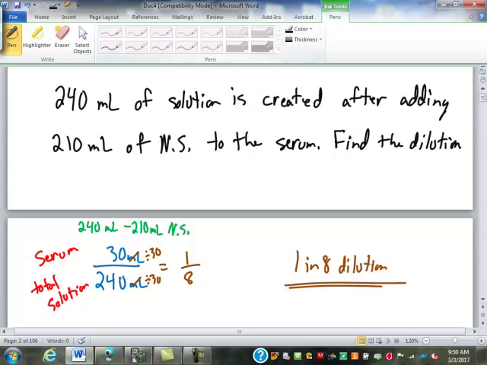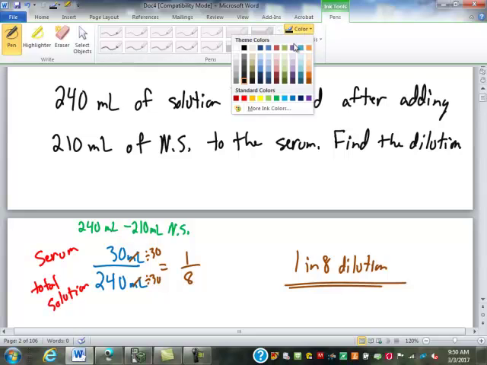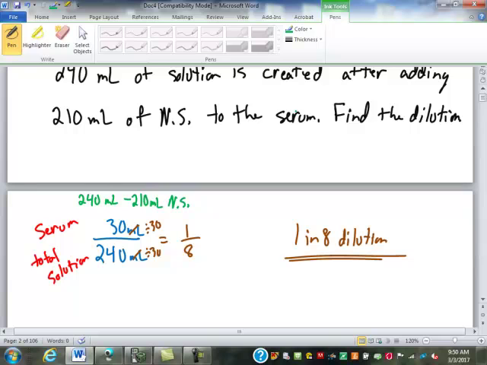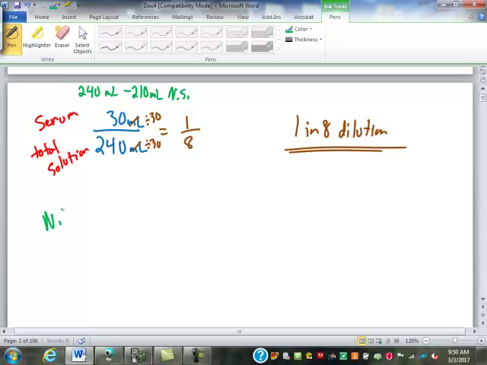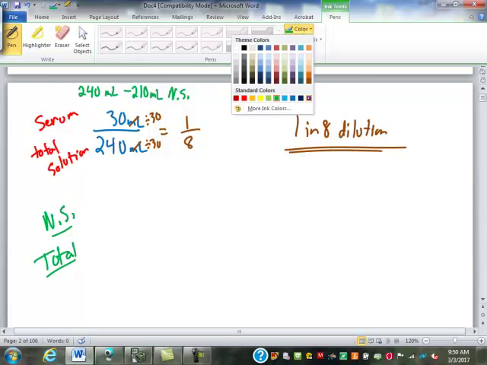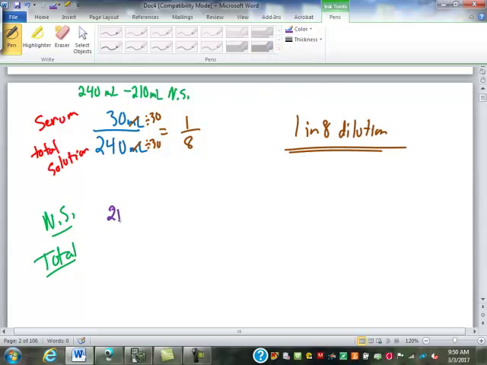So as you can see, there are always 3 ratios present in these dilutions, and we can use those ratios to find the other pieces. For example, in this situation, we were given the amount of the normal saline and the total amount of solution. So we could have done the ratio of NS to total solution, which was the 210 to 240, or a 7 to 8 ratio.